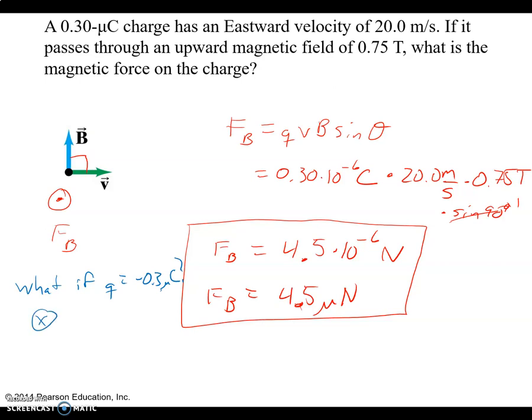Well, then the magnetic force would be in the opposite direction, because putting in a negative in your equation would give you a negative force, meaning it's just the opposite direction. Remember, for magnitude we don't care about sign, so it would still be the same magnitude, 4.5 micronewtons. But because it's a negative charge, the force would be into the board instead of out of the board.